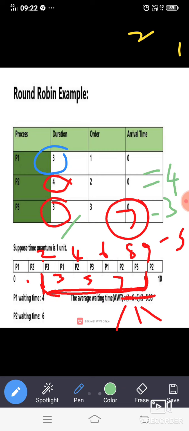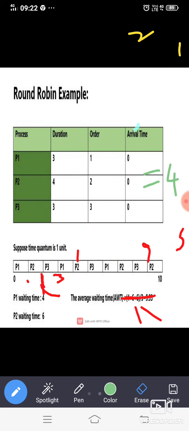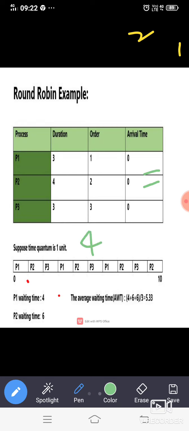Now tell me, what is the calculation? Tell me the average waiting time of each of them. We already calculated the waiting time of each process. The waiting time of P1 is 4. This is okay. The waiting time of P2 we have arrived at as 5. Actually this is 5, right? What is the waiting time of P3?